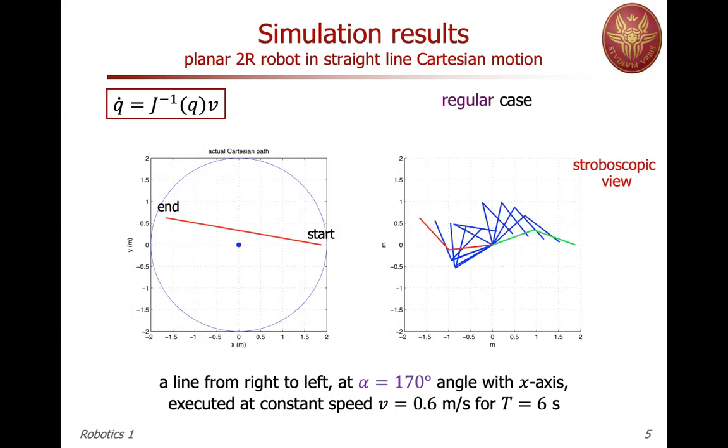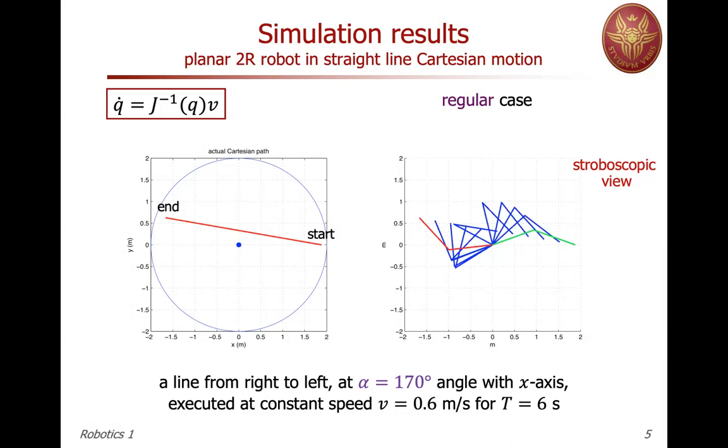So the elbow comes down, and then the compass opens itself again until it reaches the final configuration where the end effector is in the end point. And you see that it's a bit more folded than at the beginning. In fact, the end point is farther from the external boundary than the start point. Okay, so this is what happens if I'm applying J to the -1 continuously.